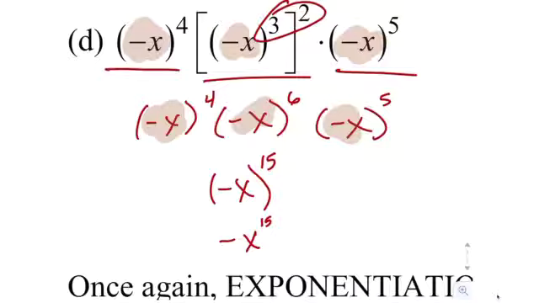So if this were a multiple choice question on a test, and you had negative x to the 15th, and that wasn't an answer choice, but this one was, you would know that it's okay to do that. I would not put both of these as an answer choice, okay? Only one of them. And that's what multiple choice is good for. There might be an extra step that I require you to take beyond where you naturally would go working the problem.